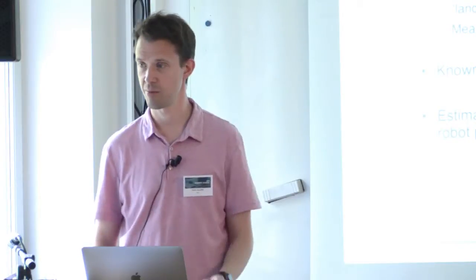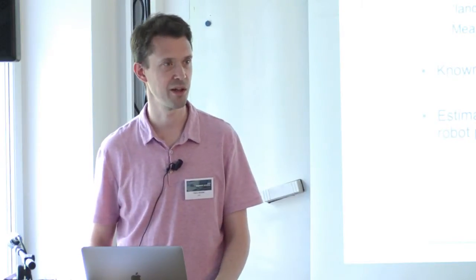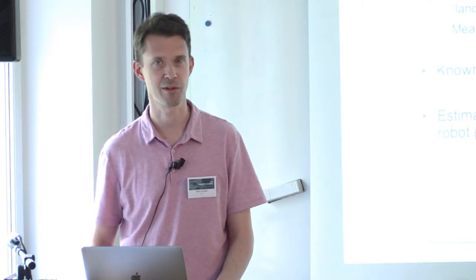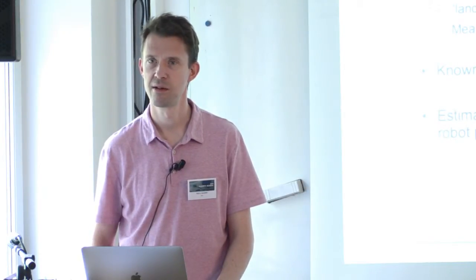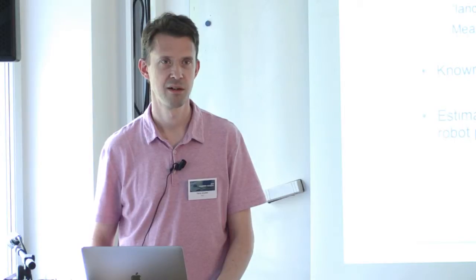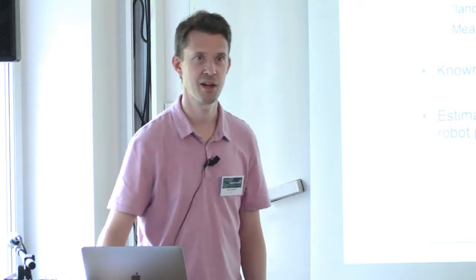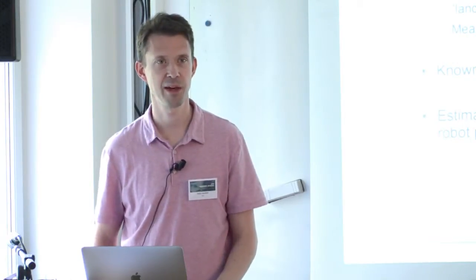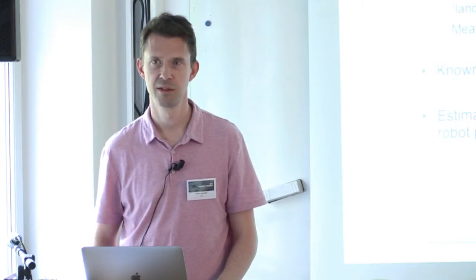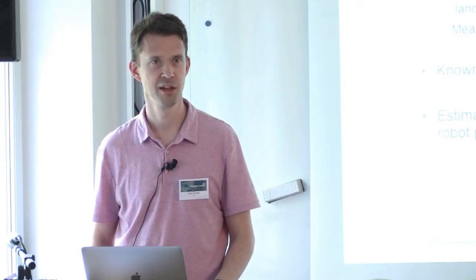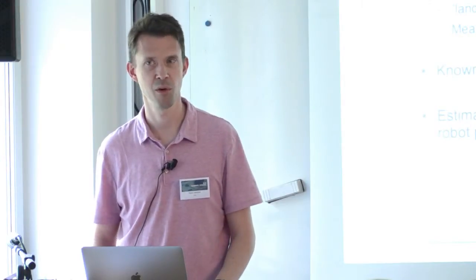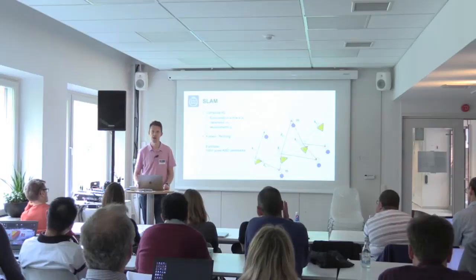But we will make assumptions. So what assumptions do we typically make when we make maps of the environment, do you think? Flat surface is one example of an assumption we could make. People have been doing this for 20, 30 years, and most people still today make one fundamental assumption.